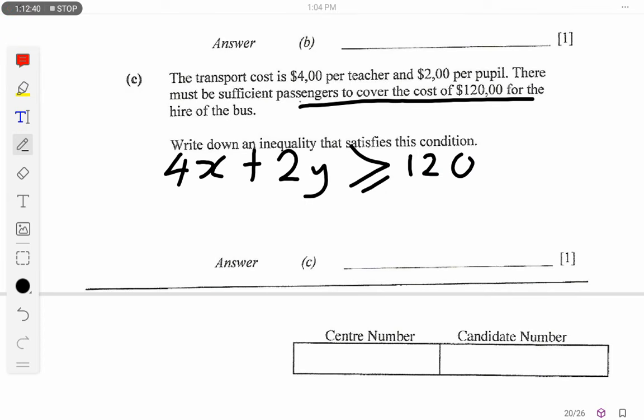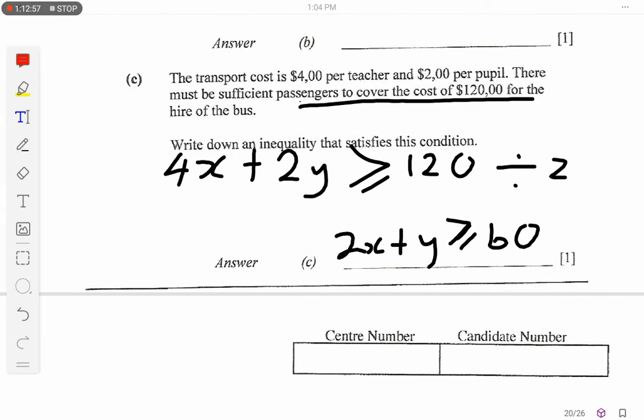We should have at least 120 or more than that. If I divide everything by 2, I can rewrite this as 2x plus y is greater or equal to 60.